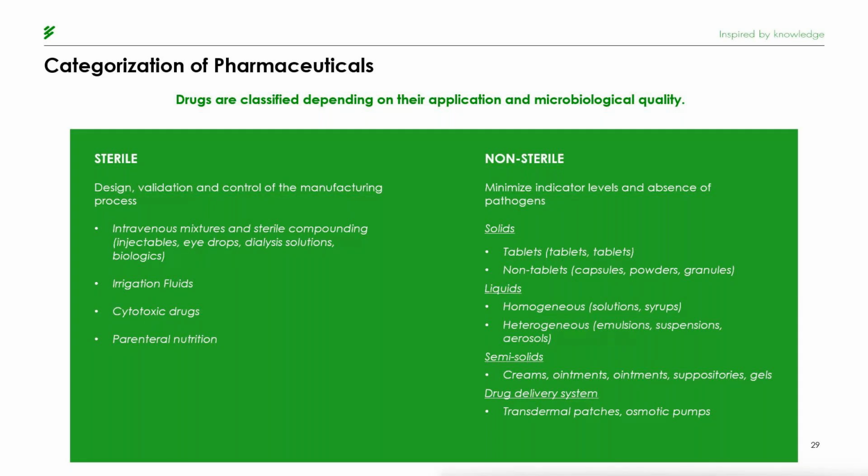Usually when we think about sterile pharmaceuticals, we think about injections, but there are also some more common ones, such as the eye drops, that usually we don't think of them as having such a strict microbiological or quality control, but they do.